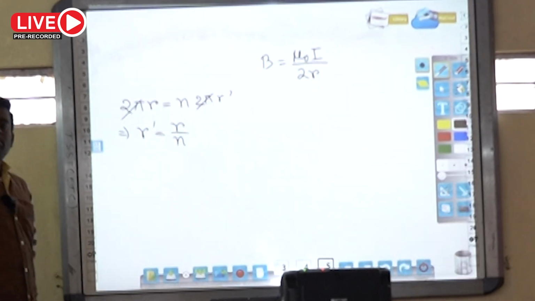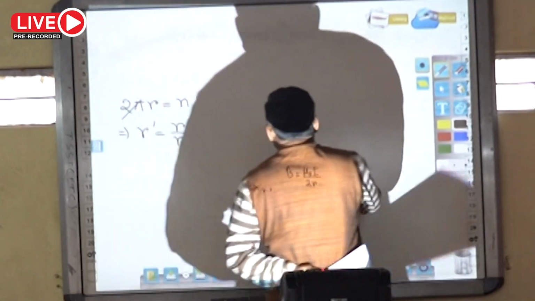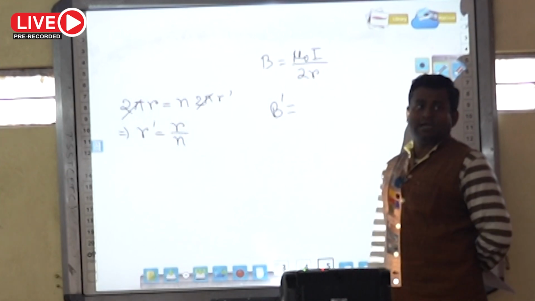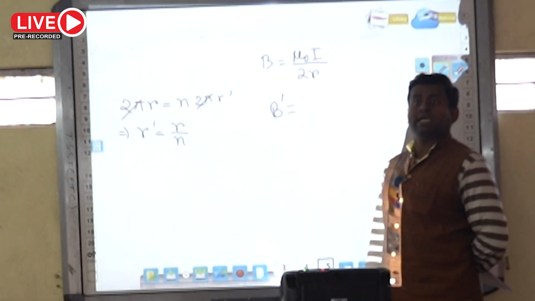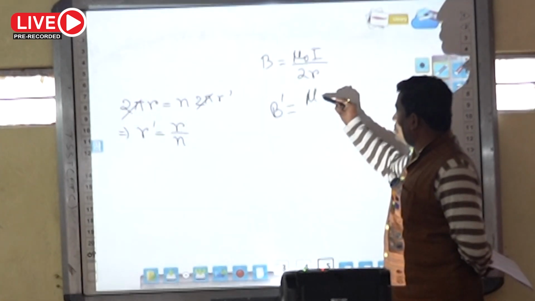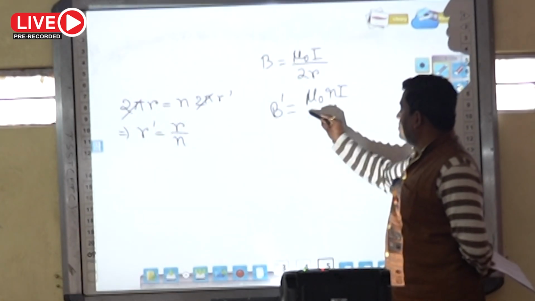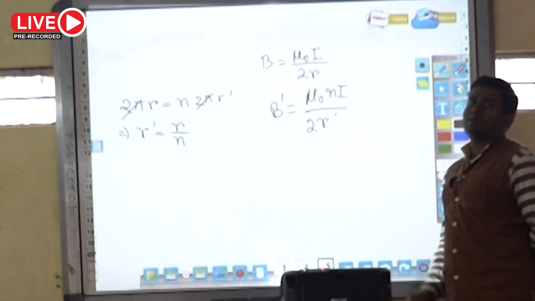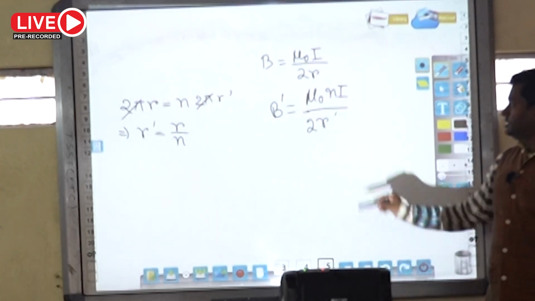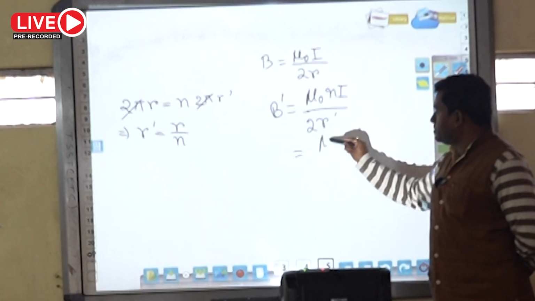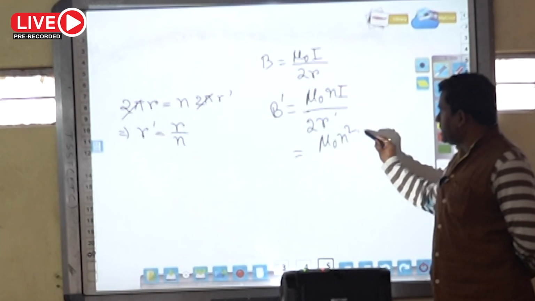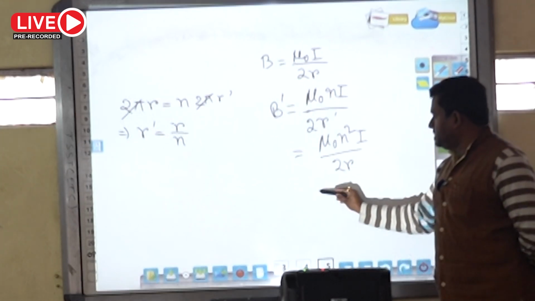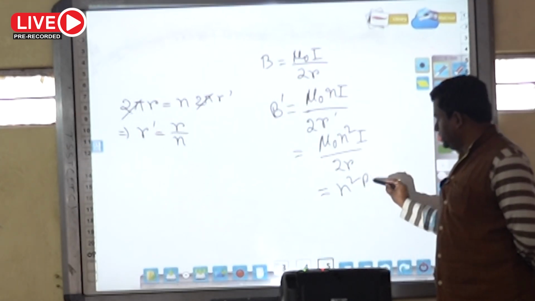Now the new magnetic field B prime, with n turns, the current will be multiplied n times, so it will be mu naught n I divided by 2 r prime. Now substitute the value of r prime. It will be mu naught n square I by 2r, but mu naught I by 2r is already B, so it will be n square times B.